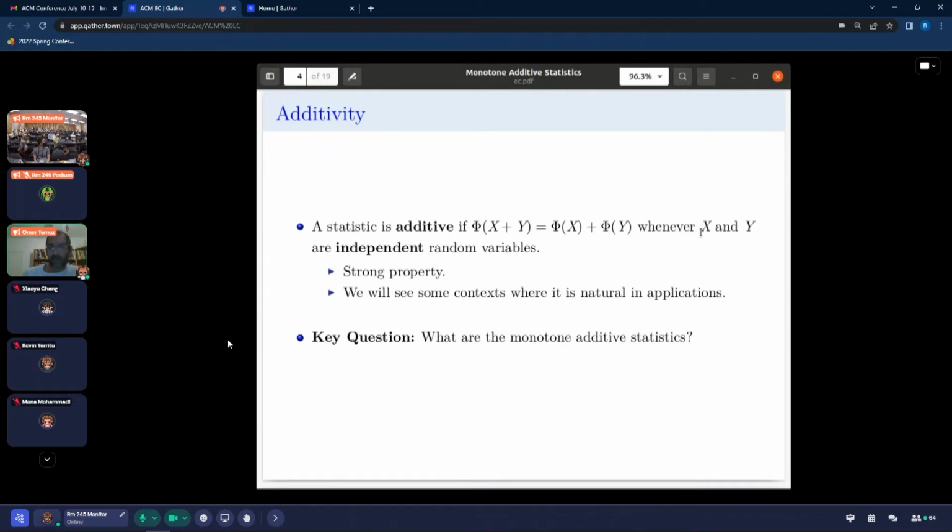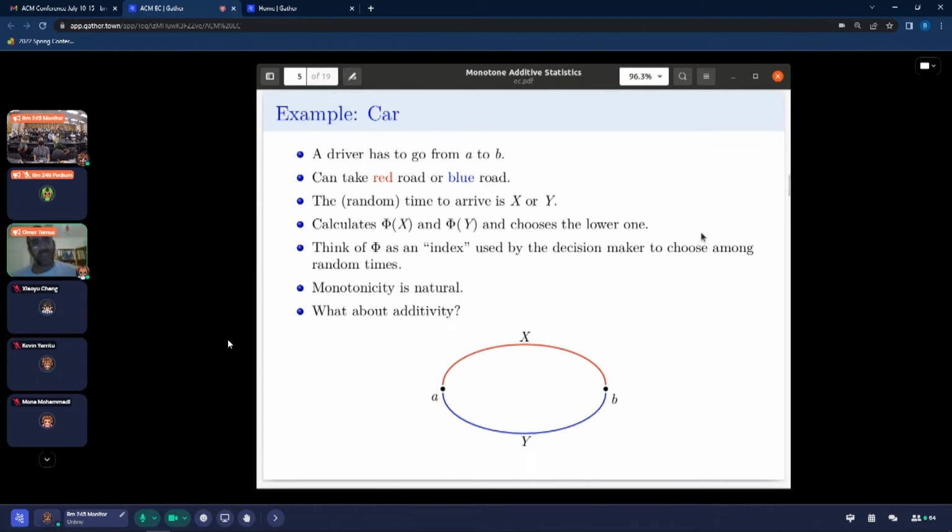Oh, okay, no question. Let me talk to you a bit about this additivity assumption and in general why we might be interested in this. So imagine that we have a driver or maybe a self-driving car, an algorithm that needs to go from point A to point B, and it can either take the blue road or the red road. And let's say that this algorithm is only interested in getting there as fast as possible.